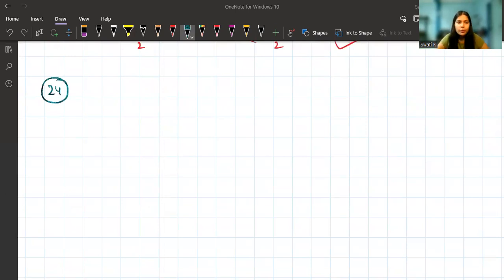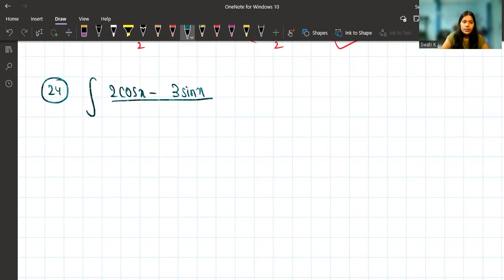So in the 24th question, we have to integrate (2 cos x minus 3 sin x) upon (6 cos x plus 4 sin x) dx.